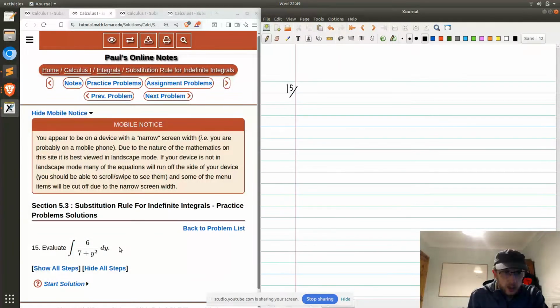d by dx of arctan x is 1 over 1 plus x squared, isn't it?